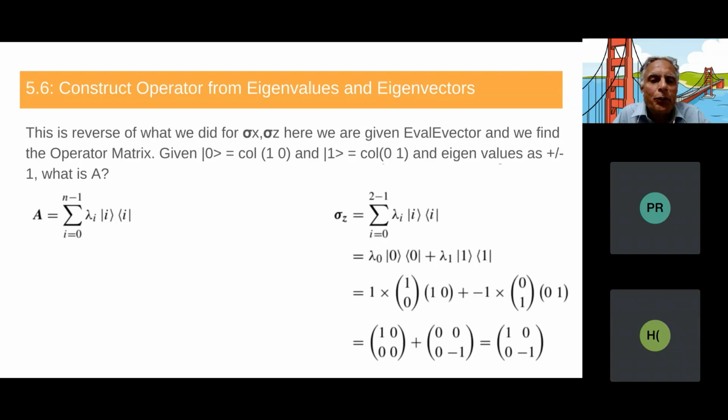In previous sessions, we took sigma x and sigma z and evaluated the eigenvalue and eigenvector for sigma x, sigma z, etc. Given ket0 equal to column 1 0 and ket1 equal to column 0 1, the eigenvalues we got were plus minus 1.